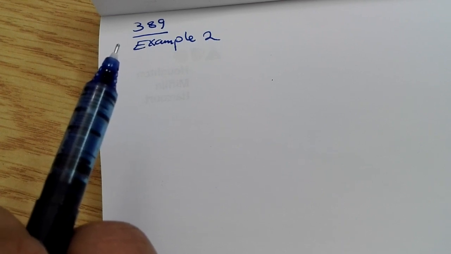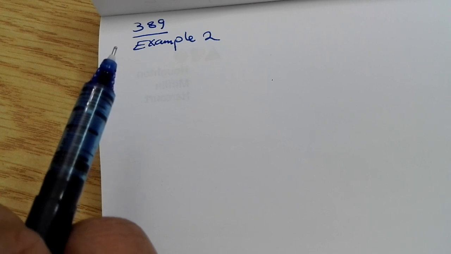Read this example. Is this triangle a right triangle? Read. If you have any problem in this example, inform me. If not, go to the next question, try it.